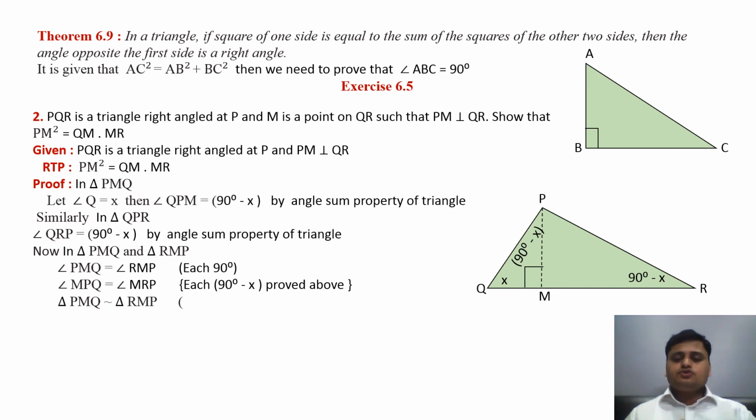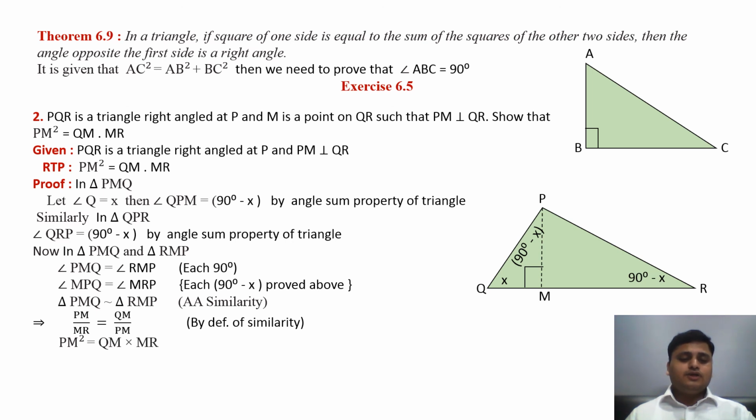Now these two triangles become similar by angle similarity, and if triangles are similar, then their corresponding side ratios are in proportion, that is PM by MR is equal to QM by PM. Now cross multiply it, we get PM square is equal to QM into MR. In this way we prove this question. I hope till this it is clear.